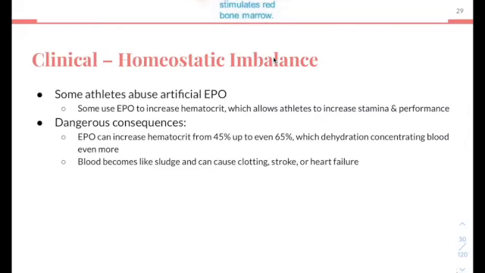Blood doesn't move as efficiently. It can cause strokes because the blood is just kind of slithering its way through, and heart failure because your heart can't pump sludge very well. So using artificial erythropoietin can actually cause problems.